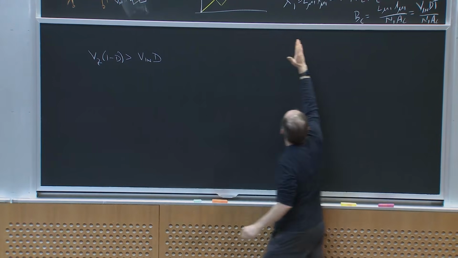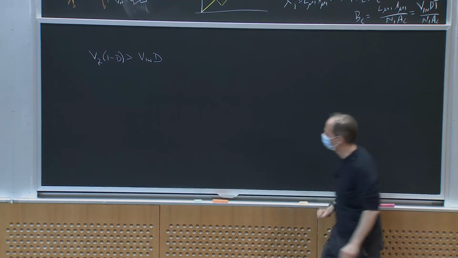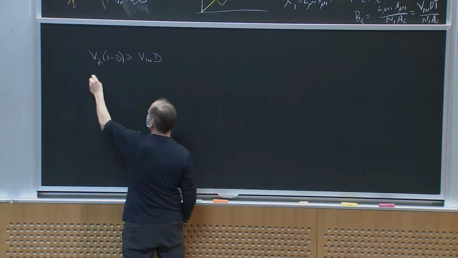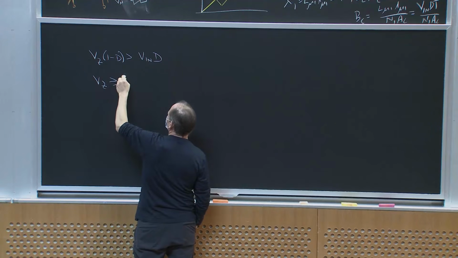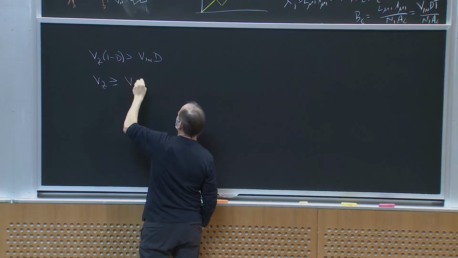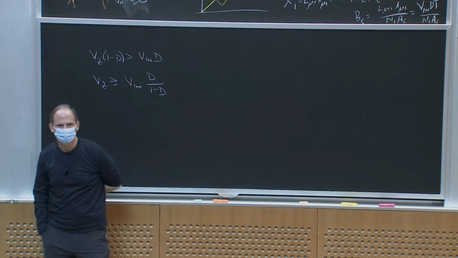Otherwise I won't get enough negative volt-seconds to offset the positive volt-seconds. And that means Vz has to be greater than or equal to Vin times d over 1 minus d. That make sense, everybody?